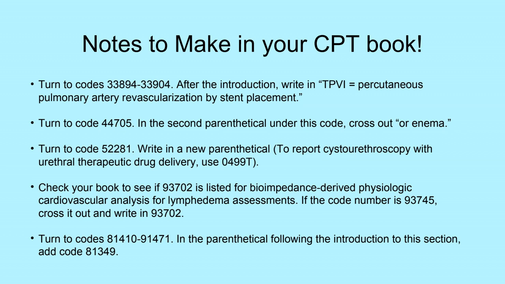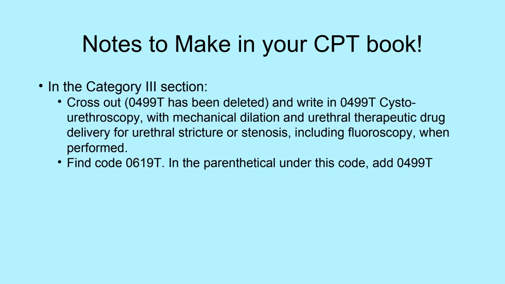Okay, then turn to codes in the pathology and laboratory section, 91410 and 91471. In the parenthetical following the introduction to this section, add code 81349. Okay, so going on.